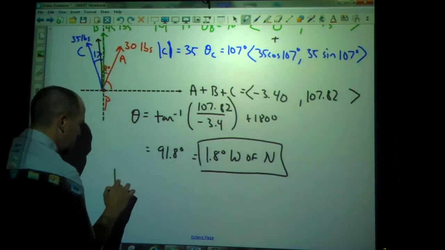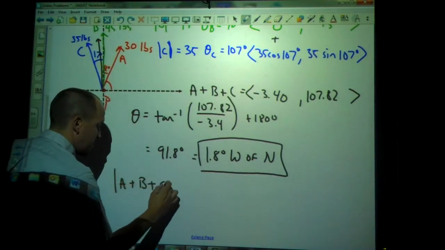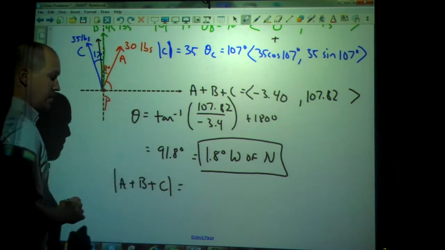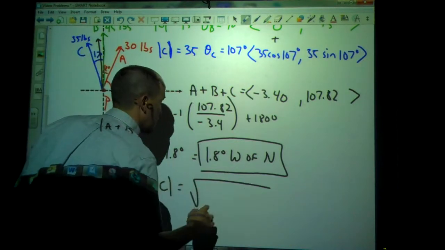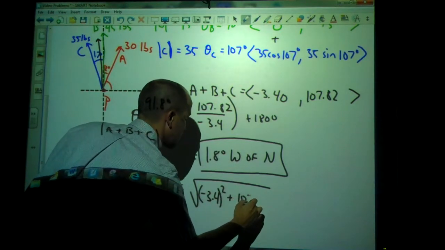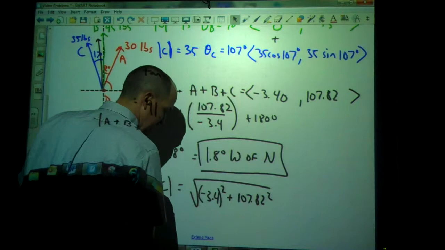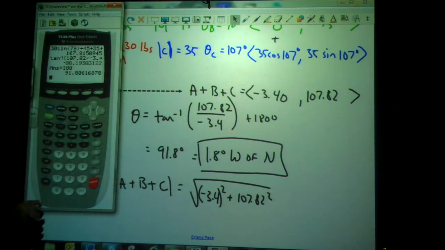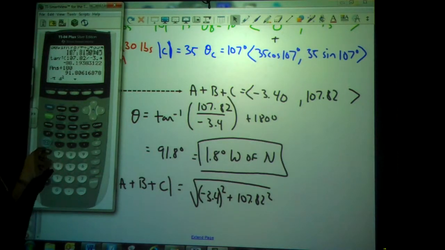And then the magnitude of all the vectors combined is just the Pythagorean theorem. And that's the last thing we'll do. Let's see here. Negative 3.4 squared.